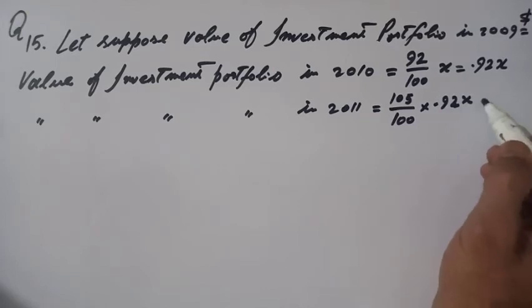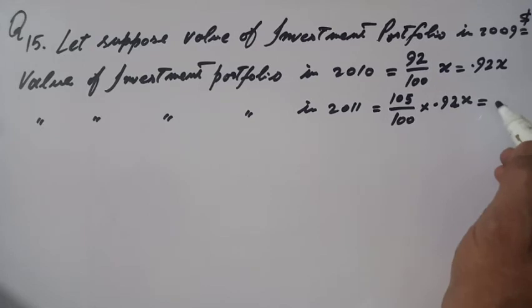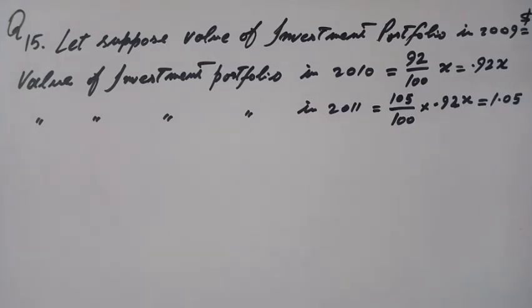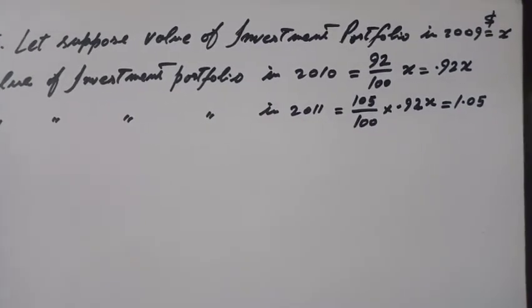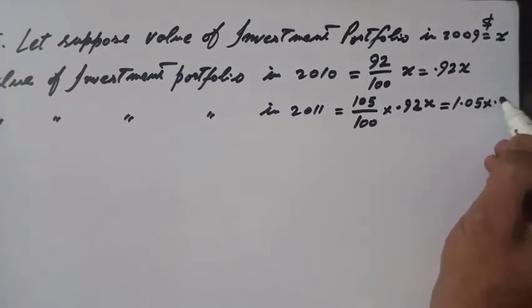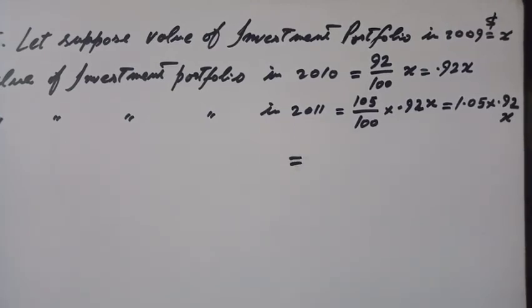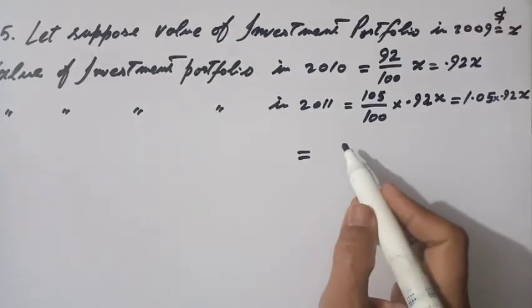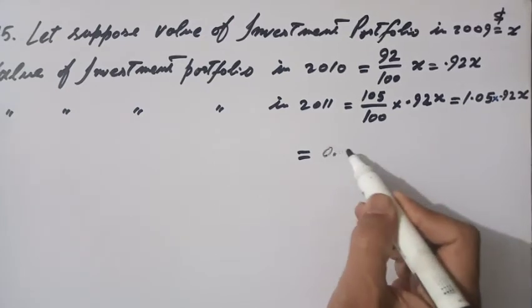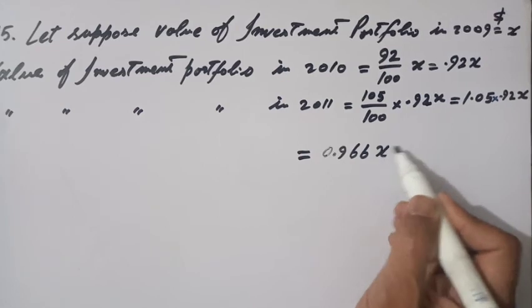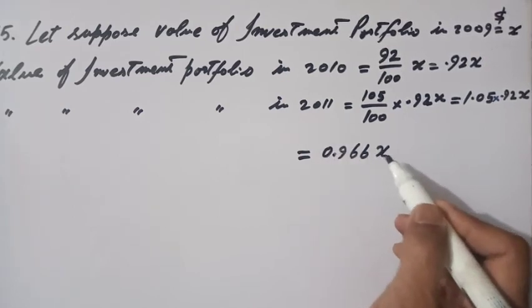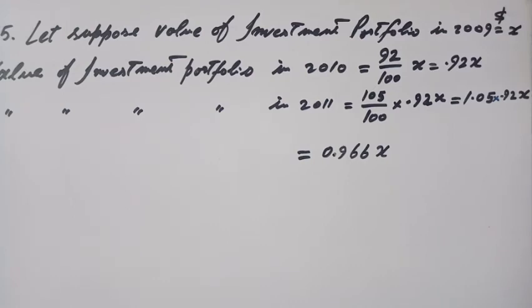So it is equal to 1.05 multiplied by 0.92X would be equal to 0.966x. Now its value in 2011 is given to us.